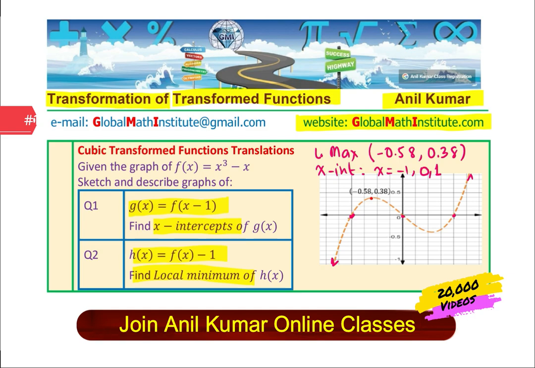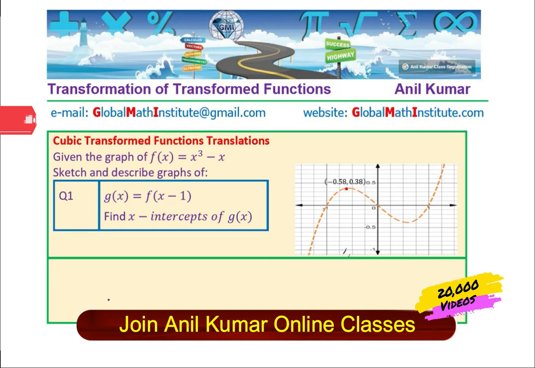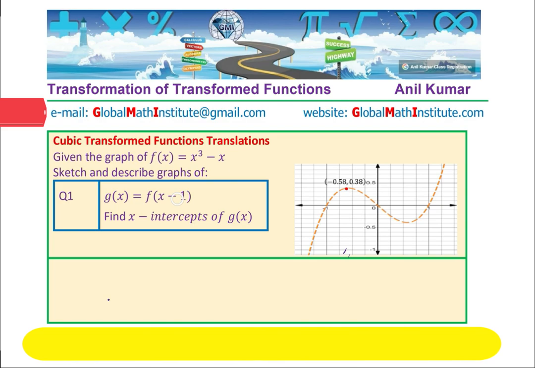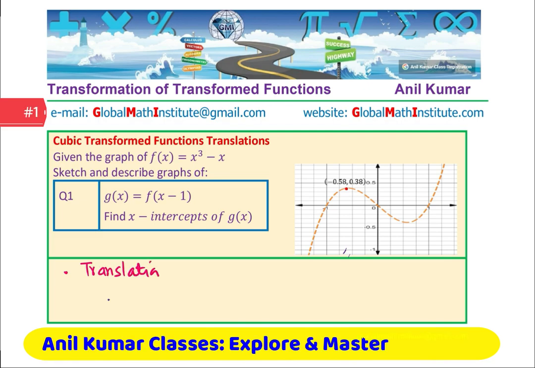So let's answer question number 1. When we have g of x equals f of x minus 1, what kind of transformation is it? Clearly, it is a translation of 1 unit to the right. So the whole graph moves a unit towards the right.